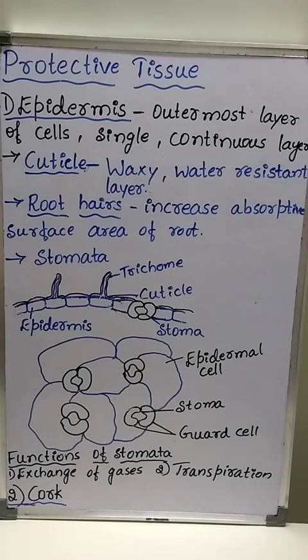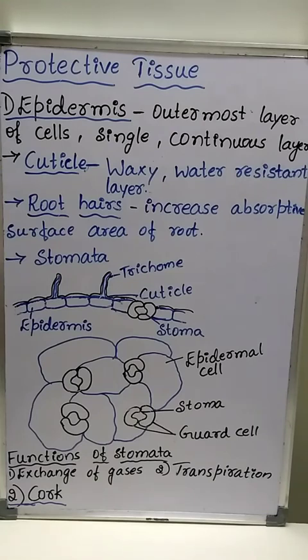Then another protective tissue is called cork. Cork is the protective tissue present in older stems and older roots. It is the protective covering in older stems and roots.